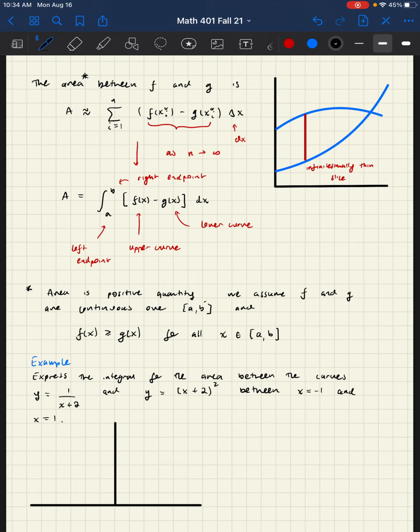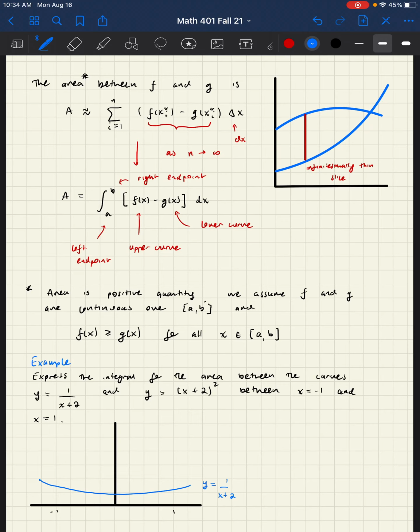And so I have, here's -1, here's 1, okay. And 1 over x plus 2 looks roughly like this. Okay, that's y equals 1 over x plus 2.